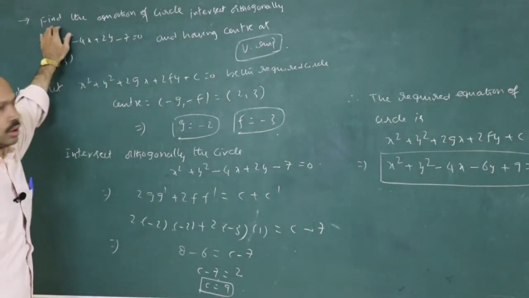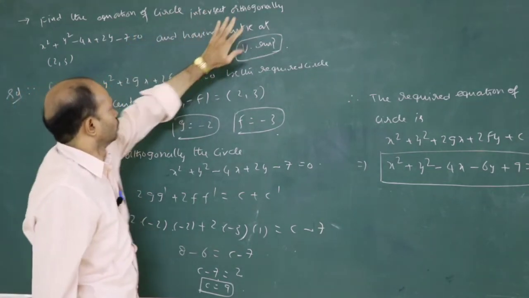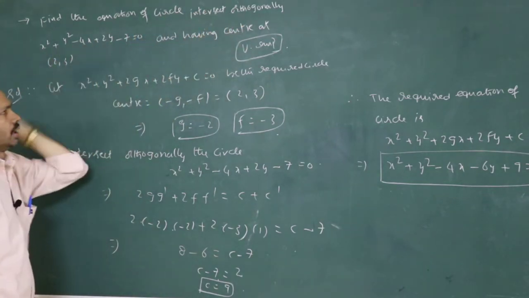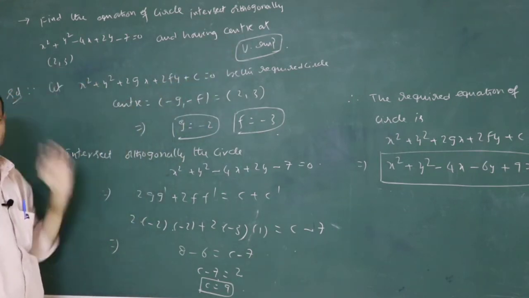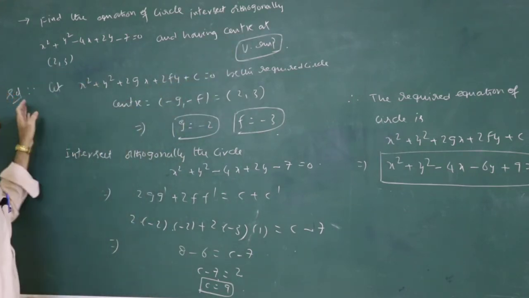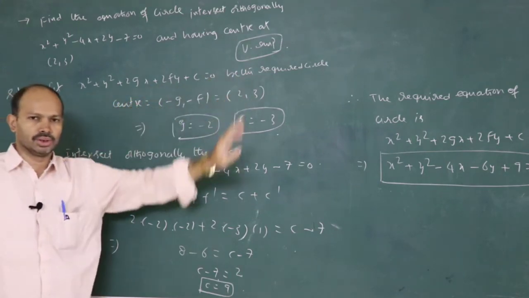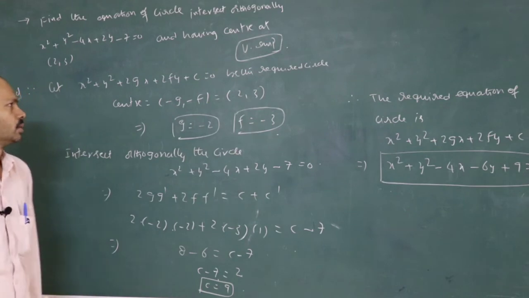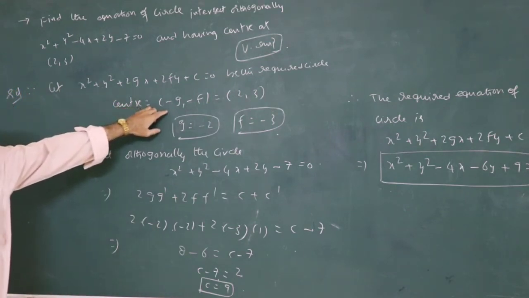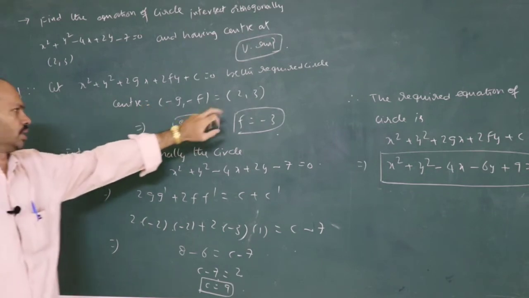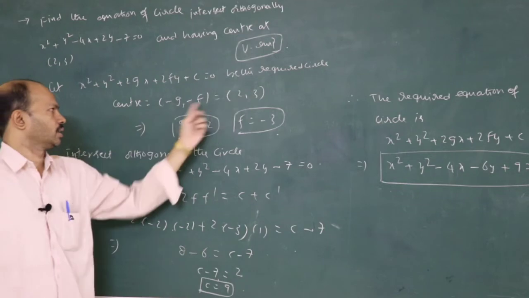Let us recall. Find the equation of circle that intersects orthogonally the given circle and having center at (2, 3). Come to the solution. Let x square, y square, 2gx, 2fy plus c is equal to 0 be the required general circle. The center of the circle is (minus g, minus f), that is (2, 3). By comparison, you get the given center and g and f.